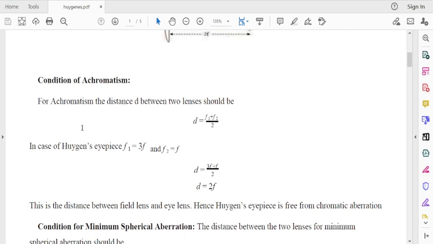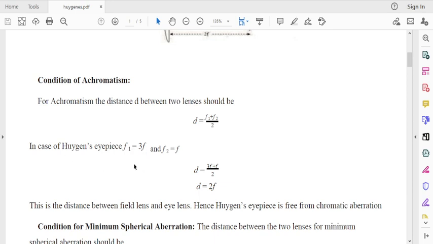Now, if any eyepiece is free from chromatic aberration, it should follow the condition D equals (F1 plus F2) by 2. And in the case of the Huygens eyepiece, what is F1?